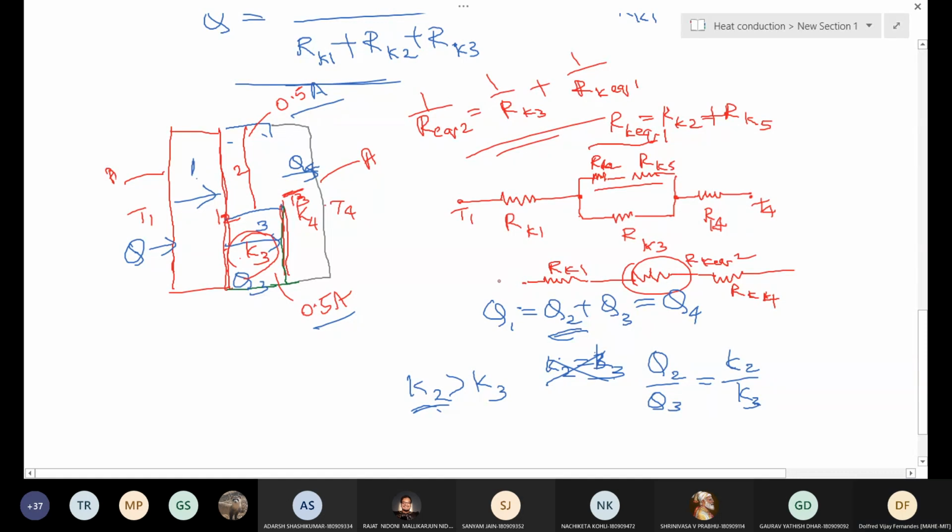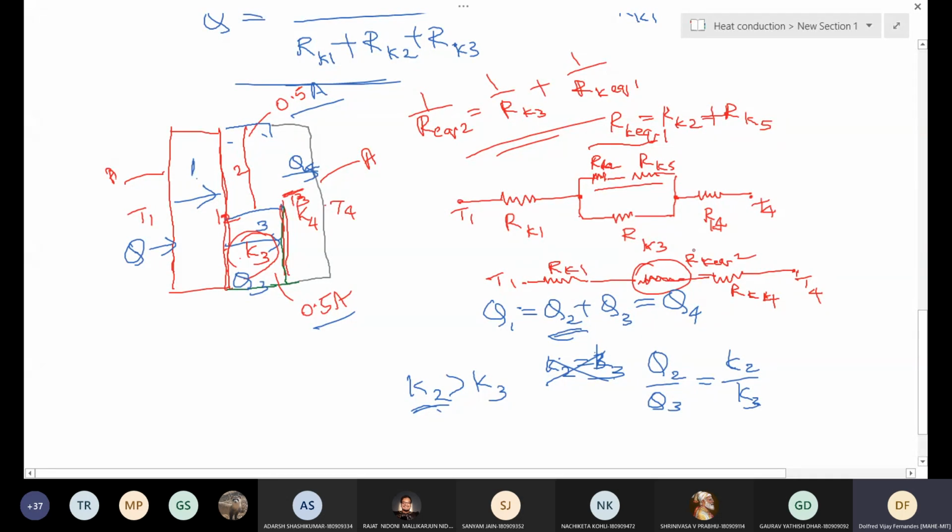See, a simple problem just by modifying, putting one more extra layer, became more complex. So understand the process. Everything you can borrow from the idea of your basic electrical course, where you have done problems with resistances in parallel and in series.